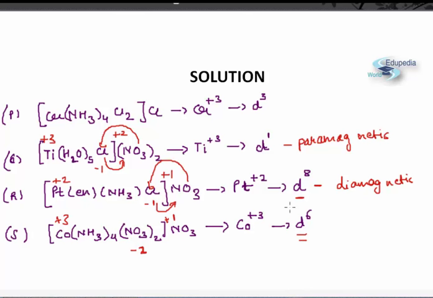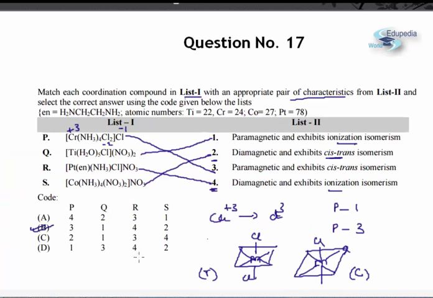Ligands are strong field, so there will be pairing and this will again be diamagnetic in nature. It cannot show ionization isomerism because nitrate coming inside and going outside will not change anything. Further, it can definitely show geometrical isomerism, that is cis-trans isomerism, in a similar manner as I had shown you in the case of P. So that means B would be my correct answer to the question. Thank you.